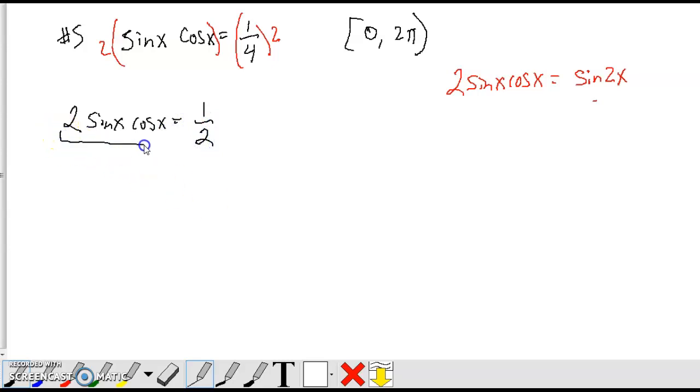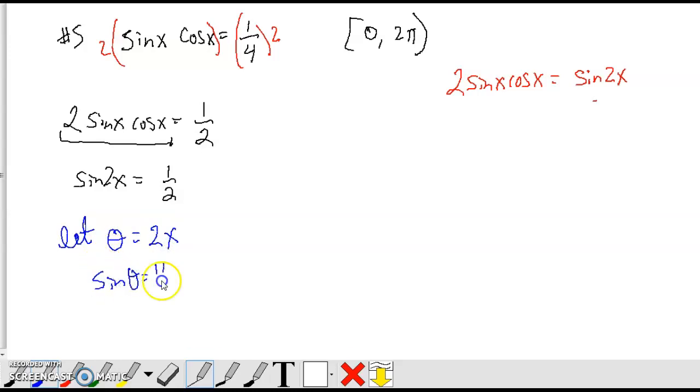And then this guy is now the double angle of sine. So what am I going to do? Write my lovely let statement. Let 2x equal theta. So this becomes sine of theta is equal to 1/2. And all of these answers are going to be on your unit circle. Okay, so I get my two answers.